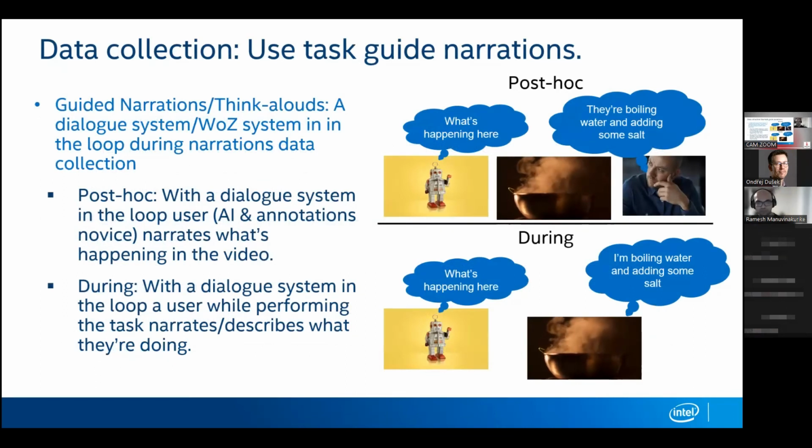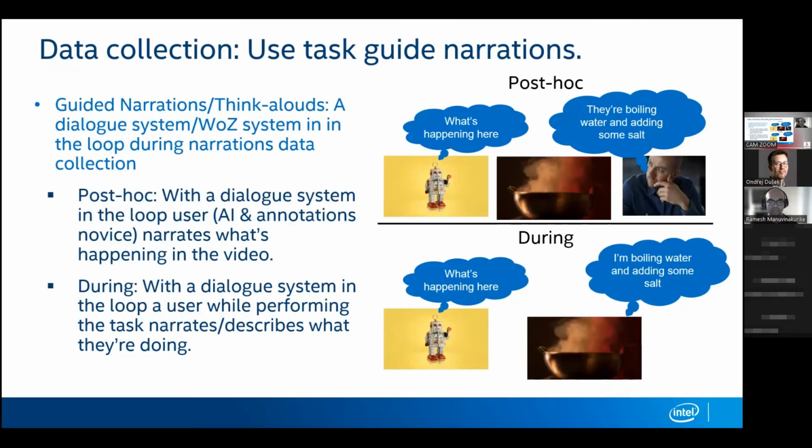To develop this particular scenario with the Wizard of Oz system, we do the data collection in two branches. The first one is what we call post hoc, and the second one is what we call during. Post hoc is when we use the same videos where someone has demonstrated, where someone has already cooked a particular recipe. Then we get a human expert who knows what's being cooked and how to cook.